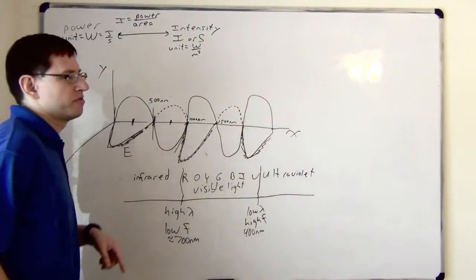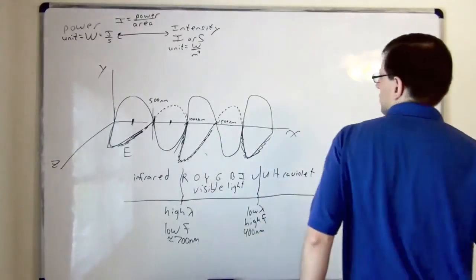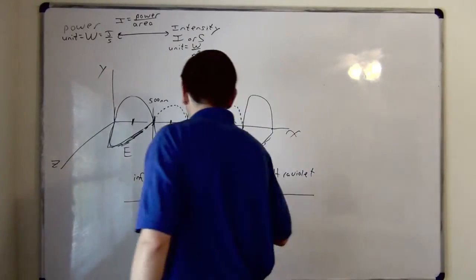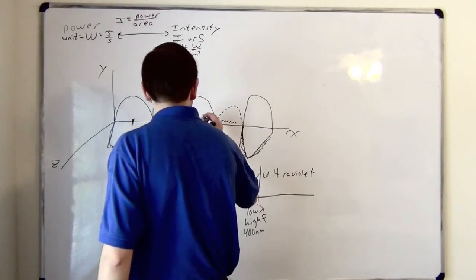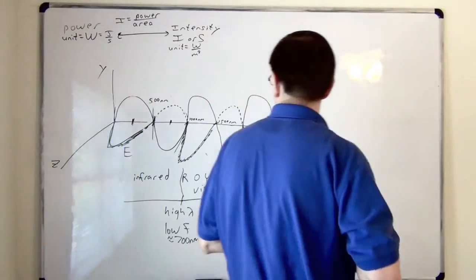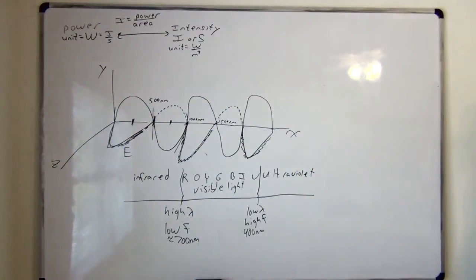So I've added a little bit of information to the graph. Figure something out now. What can you figure out about this electromagnetic wave? Its electric wave is 1,000 nanometers.